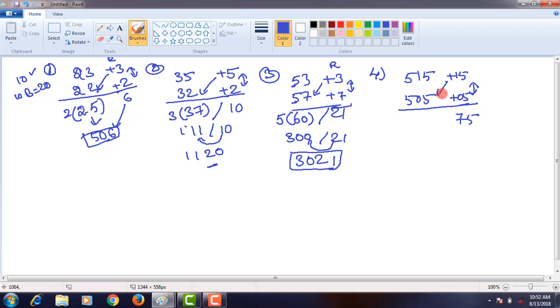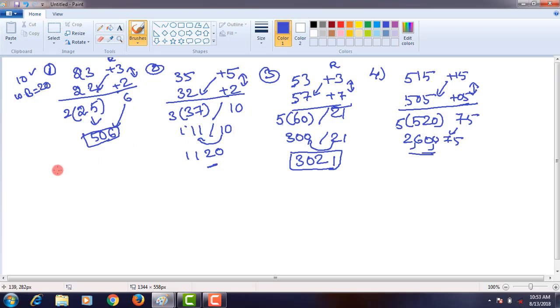Then cross addition, that is 505 plus 15, that is 520. This is not our actual left part of the answer. To get the actual left part, we have to multiply 520 by 5. On multiplying 520 by 5, you will get 2600, and the right part is 75, so that we will get 260,075 as the answer for this question.